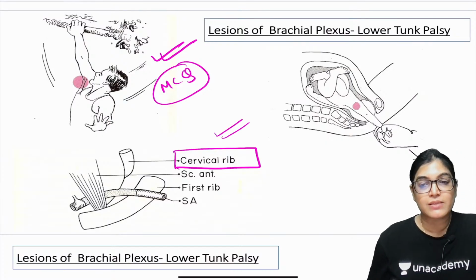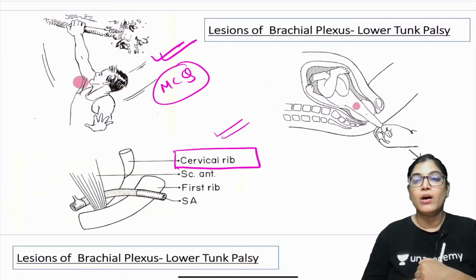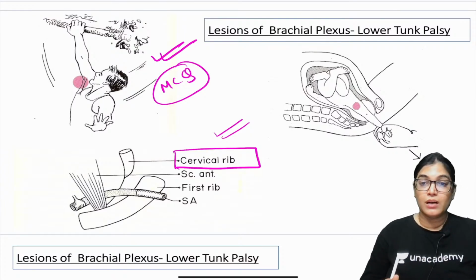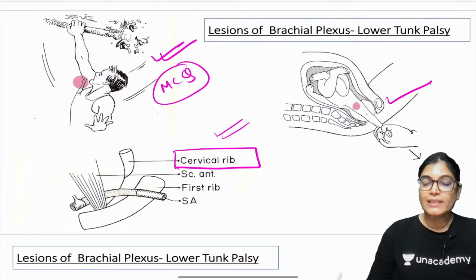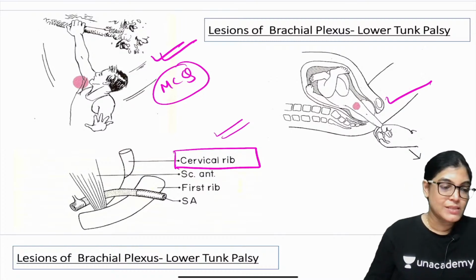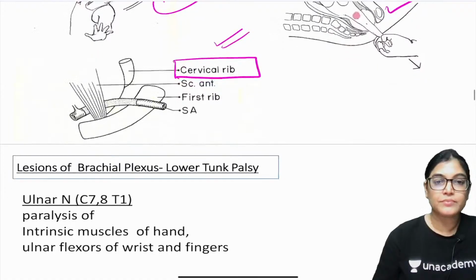Cervical rib can lead to thoracic outlet syndrome, and it can compress the subclavian vessels and lower trunk of brachial plexus. Also you can see here the obstetrician is going for vaginal delivery, and in that case hyperabduction of the arm is done. That is another cause of lower trunk palsy.